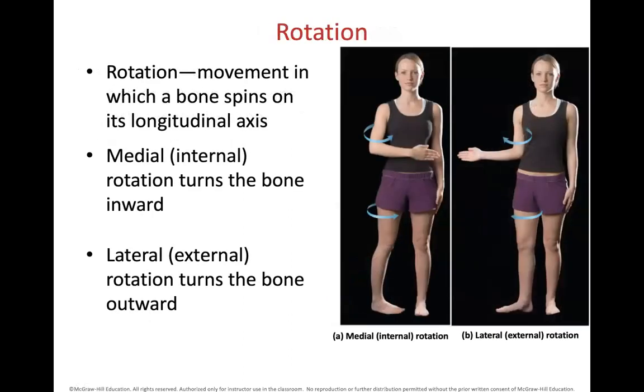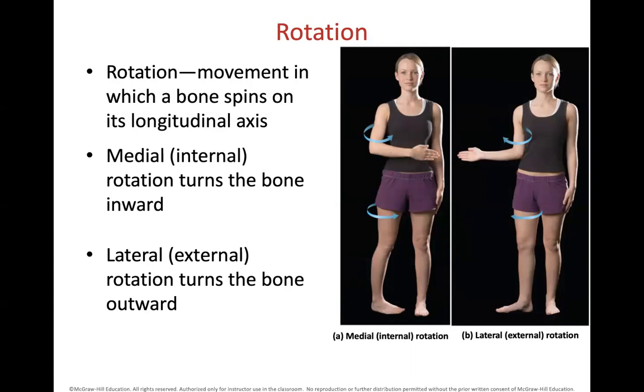And then we have rotation, where we're talking about a bone moving or rotating on its longitudinal axis. So the example here is your arm rotating inward or outward. Your humerus here is what's rotating, right?